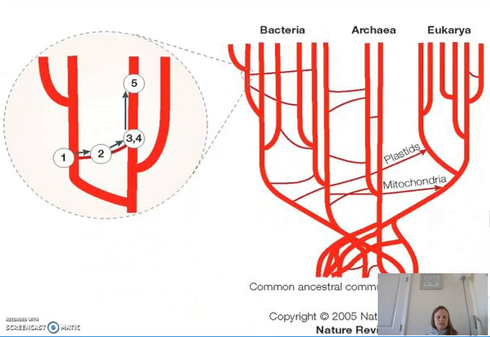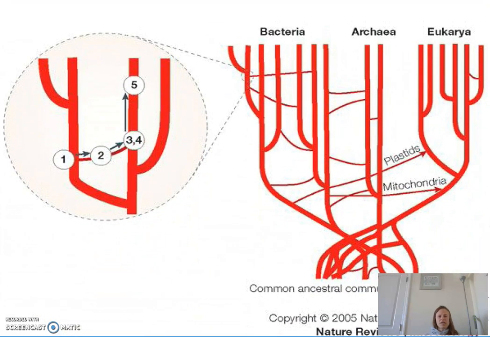So how does horizontal transfer appear in evolution? Well, if we look at our evolutionary tree, scientists have divided organisms into 3 domains: bacteria, archaea, and eukarya. We fall in the eukarya domain. That represents eukaryotes such as plants, animals, protists, and fungi.